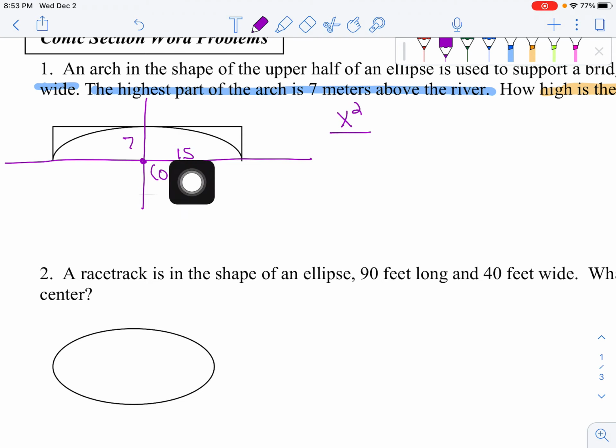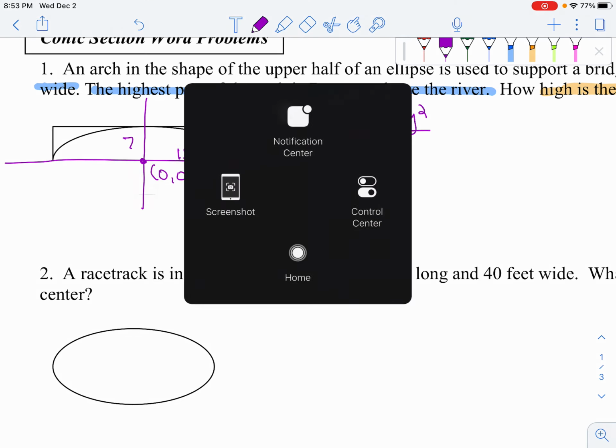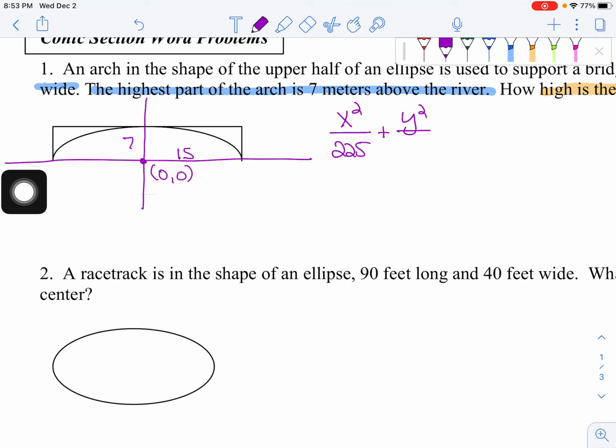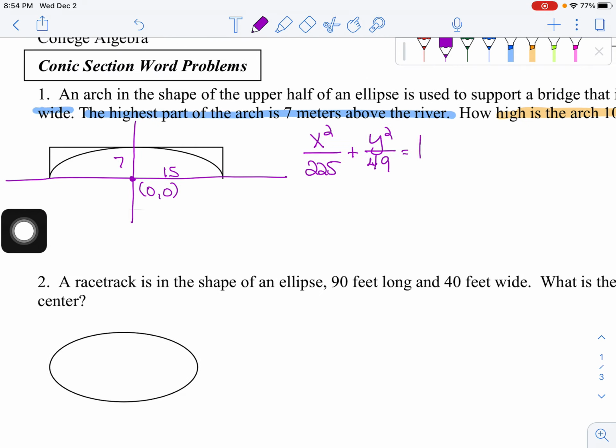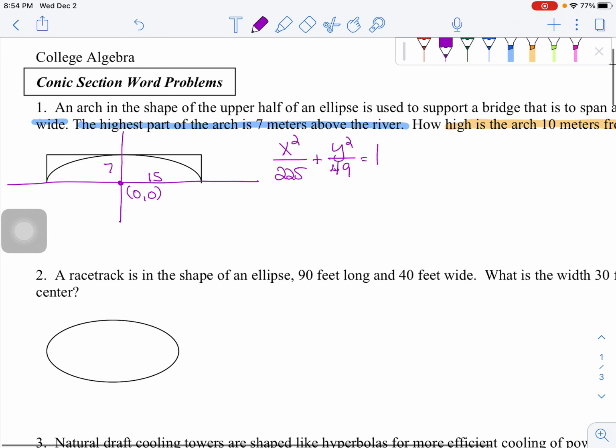So we're going to do x squared over, the horizontal distance here is 15, so 15 squared, which is 225, plus y squared over the vertical distance here is 7. Whoops, sorry about that. I hate when I do that. So 7 squared is 49, and that's equal to 1. So this equation would model this semi-elliptical arch, at least the top part of it. It actually would have the bottom part, but that wouldn't make any sense, so we would ignore it.